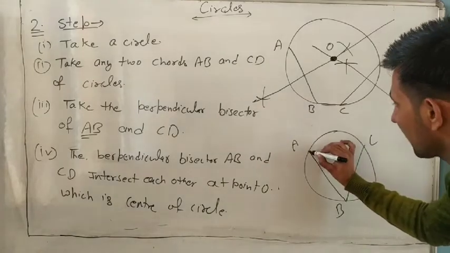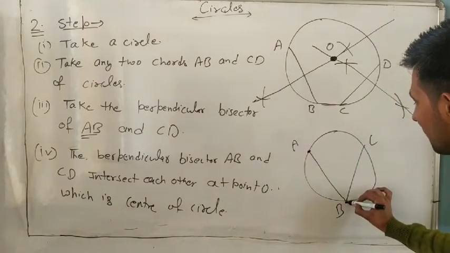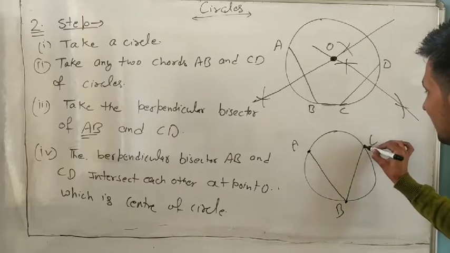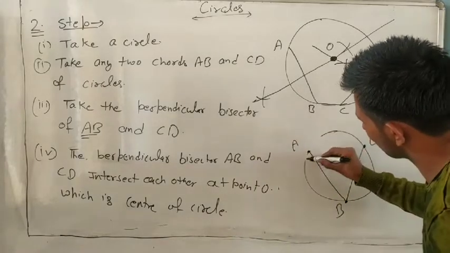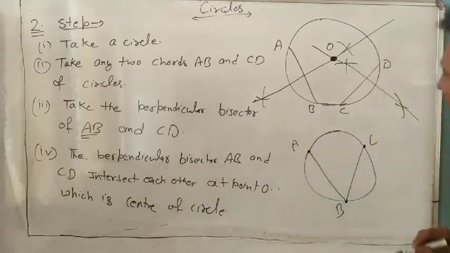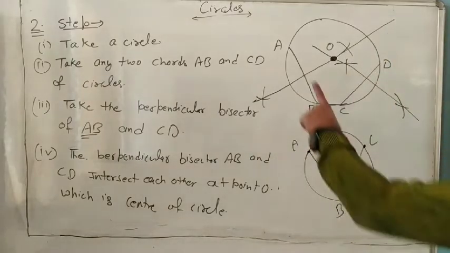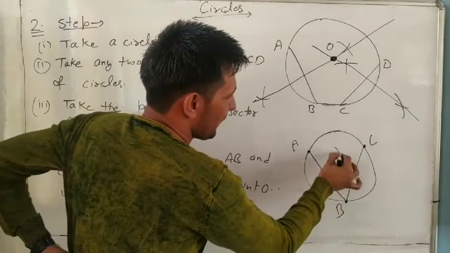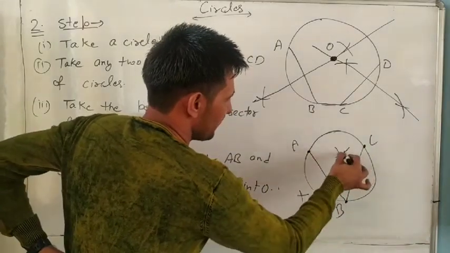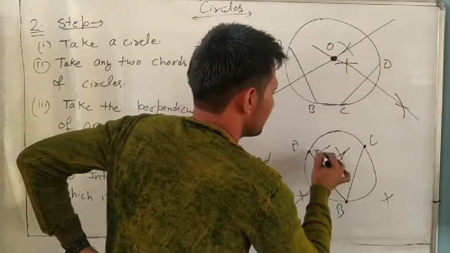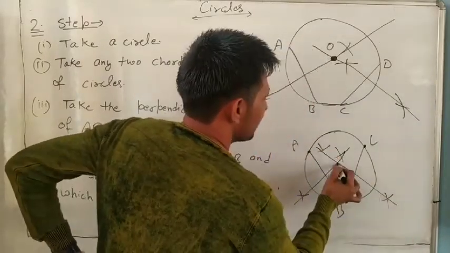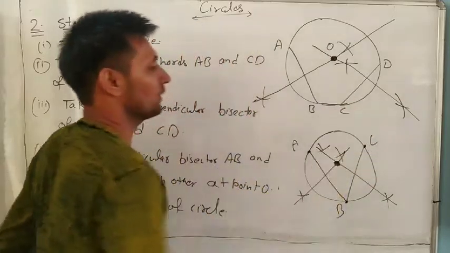It means these three points A, B, and C are non-collinear, and suppose it is a circle, find its center. How will you find it? Take the perpendicular bisector of AB, and the same way the perpendicular bisector of BC. Where these cut, it is the center of the circle.